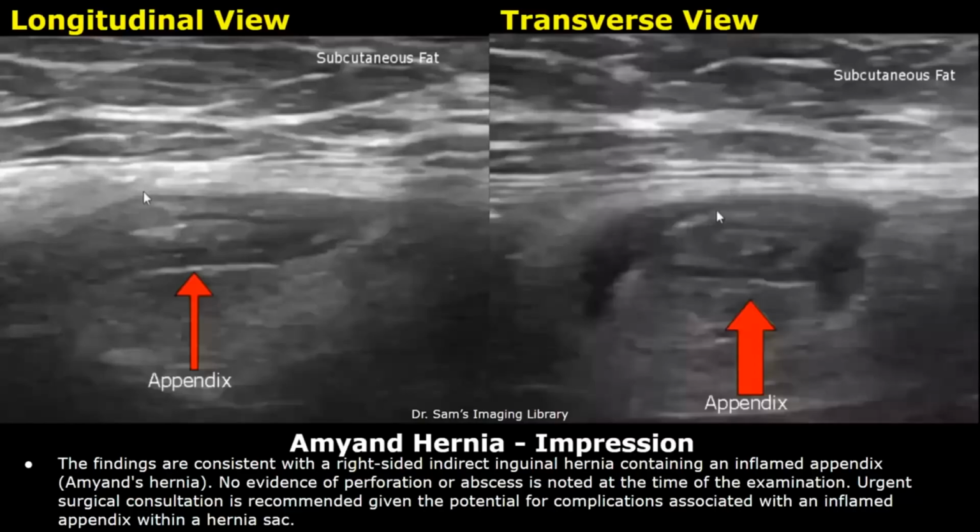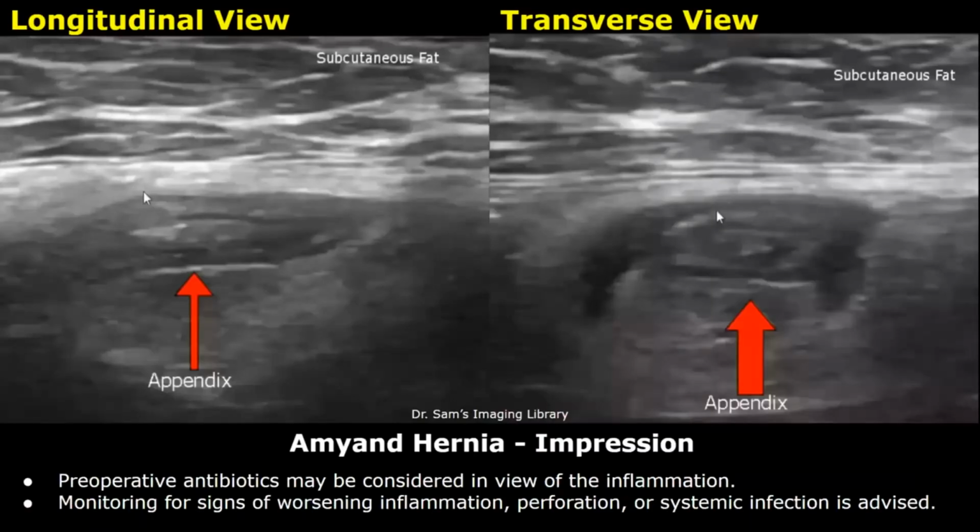Urgent surgical consultation is recommended given the potential for complications associated with an inflamed appendix within a hernia sac. Preoperative antibiotics may be considered in view of the inflammation. Monitoring for signs of worsening inflammation, perforation, or systemic infection is advised.